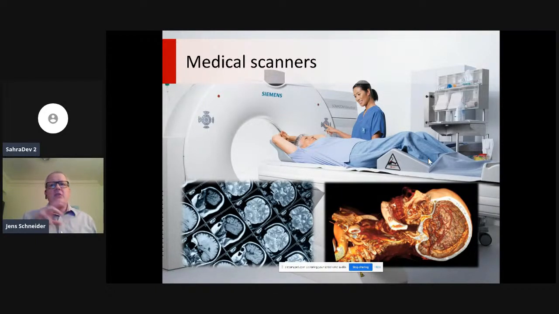Then you can use some reverse transforms on that to reconstruct a 3D volume where you have a regular grid of sample values, and each sample value consists of an absorption value, or density value.